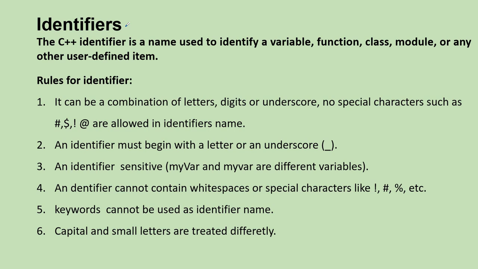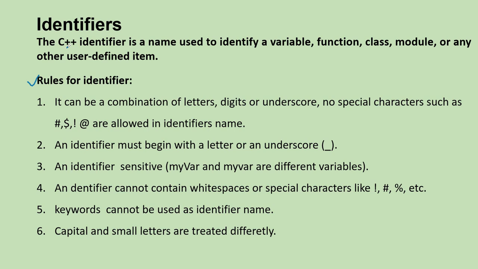While giving a name to a variable, module or class, we have to follow certain rules. First, the name is itself an identifier and it is always unique. We cannot use the same name in the same program for two different things.